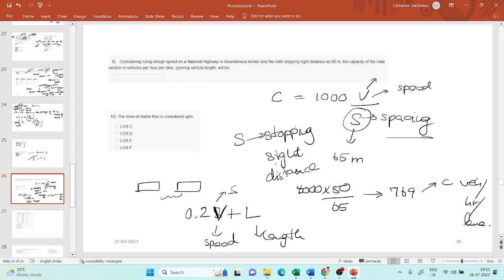If I'm following a car, I should leave some distance in between such that if the car before me applies a sudden brake, and I also apply the sudden brake, I should come to a halt without hitting the car. So my car is here and the car before me is here. Now it applies a brake at instant t1.